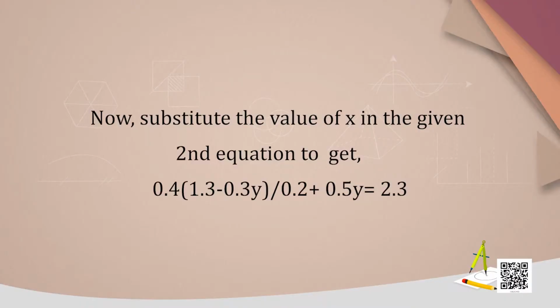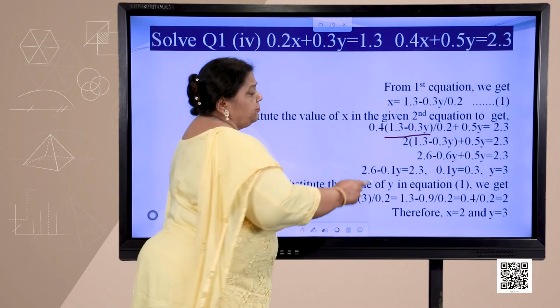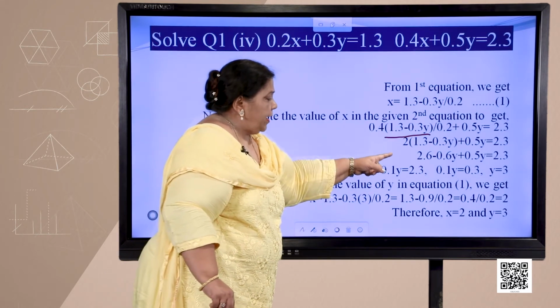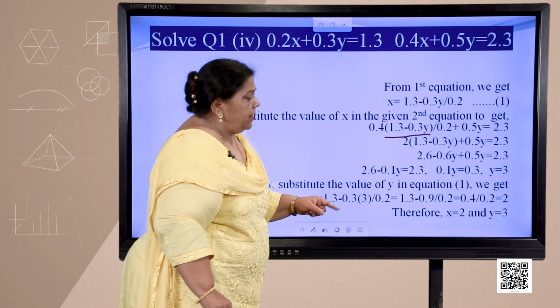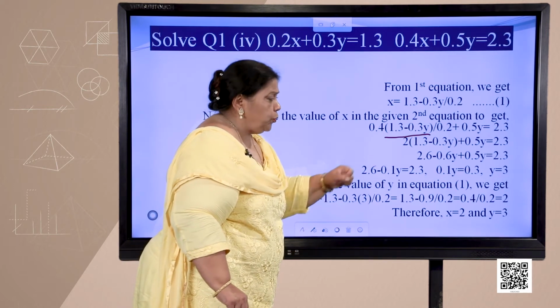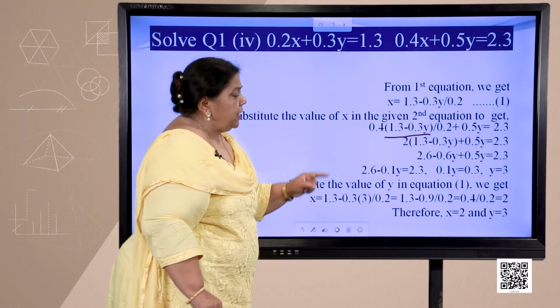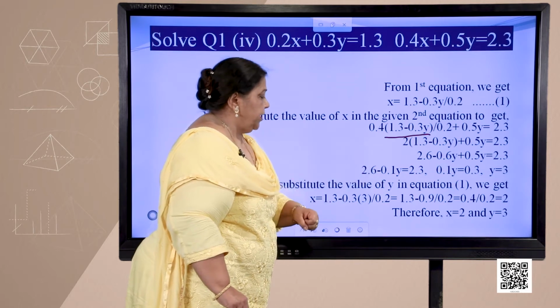On substituting the value of x in the second equation, we get 0.4 into (1.3 minus 0.3y) upon 0.2 plus 0.5y is equal to 2.3. This can be solved as 2 into (1.3 minus 0.3y) plus 0.5y is equal to 2.3.